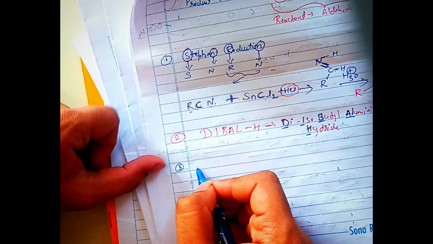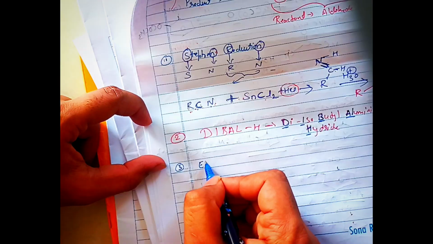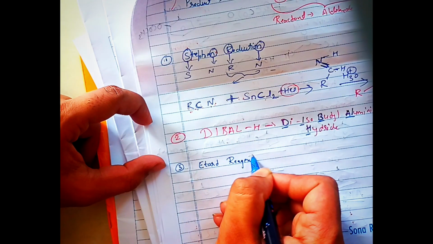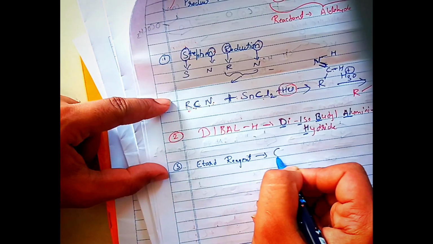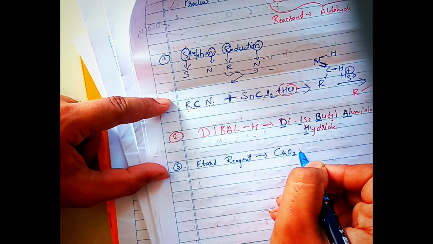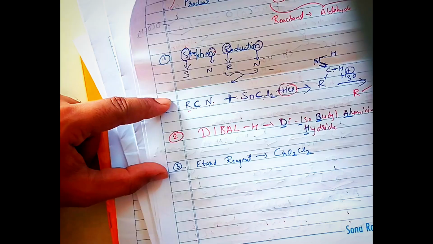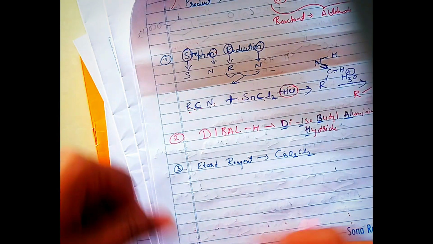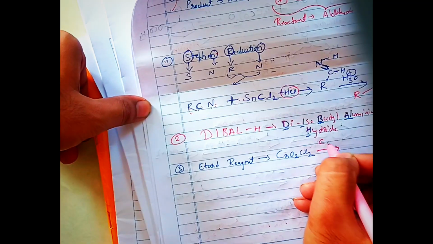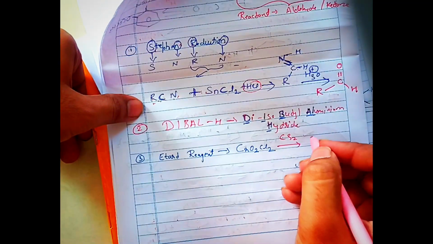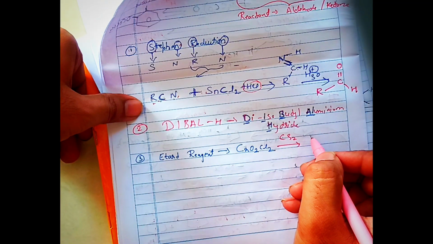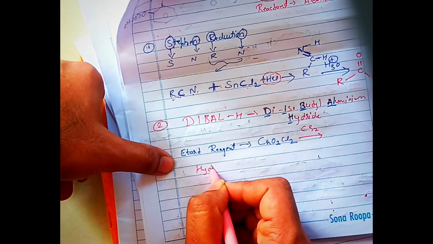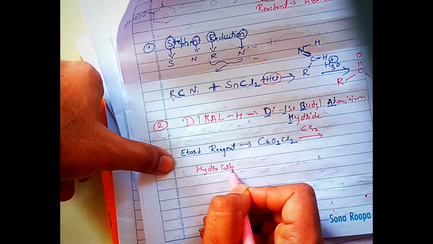Okay, then there will be Etard reagent. The third one will be Etard reagent, which is chromyl chloride. By adding just CS2, we can get the oxidized product of a hydrocarbon.